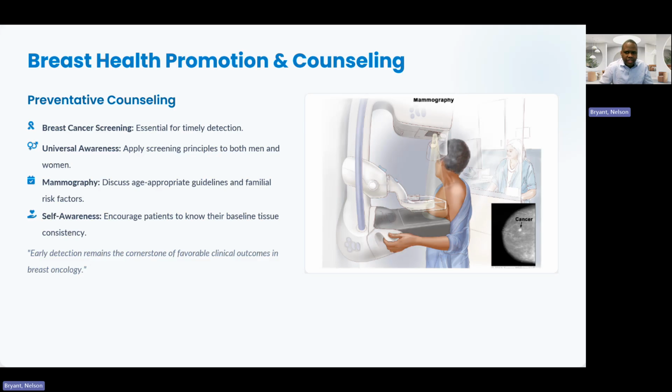And so we have to engage patients in comprehensive discussions about their individual breast risks, including cancer, and educate them on mammography screening guidelines, breast self-assessment or self-awareness, routine clinical breast examinations, and remember, though rare, men can also develop breast cancer. So preventative patient education is very fundamental as it applies to all demographics.